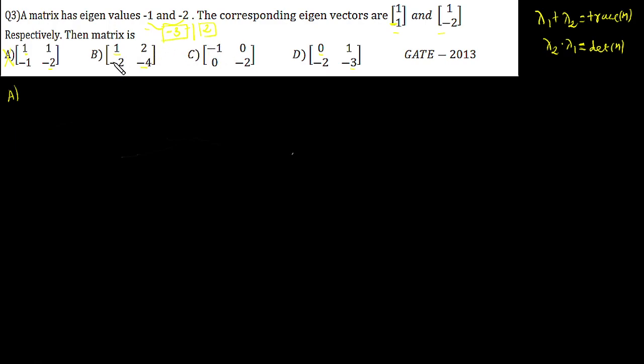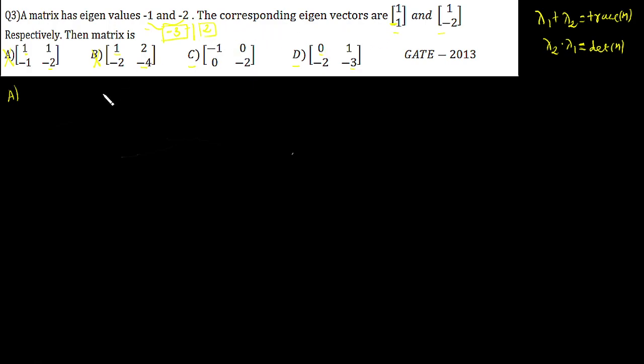Let's find the determinant of matrix B. Here I am getting -4 and +4, so the determinant is 0 for option B. So option B is not the correct matrix with respect to this eigenvalue and this eigenvector. Option C has a determinant of +2, so option C is still there, and option D also has a determinant of +2. So we still have two options. We have done 50% of our work and still have 50% to do.